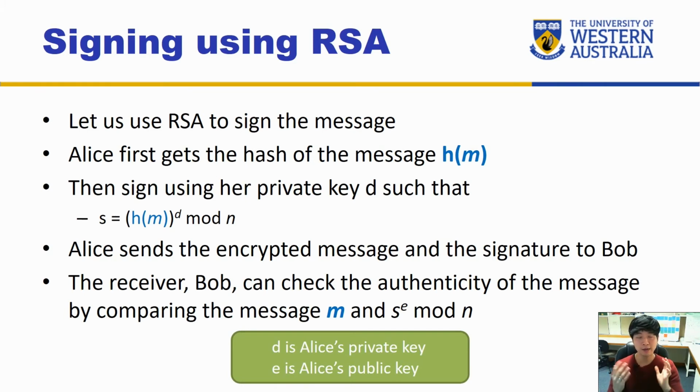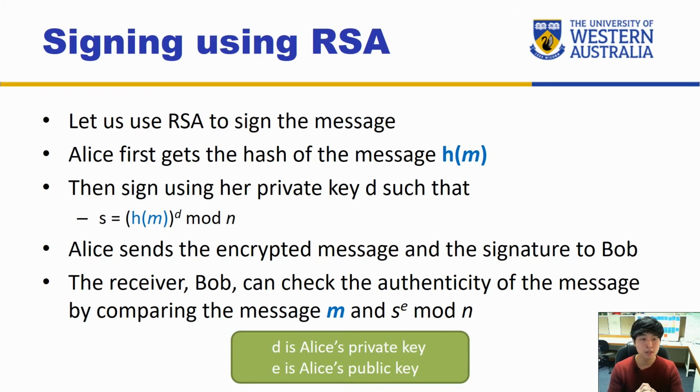Okay, so from outside, if you want the plain text, you need to crack that encryption mechanism, and if you want to alter the signature, you need to crack the RSA system as well. The receiver Bob can check the authenticity of the message by comparing the hash of the message m with s to the power of e mod n.